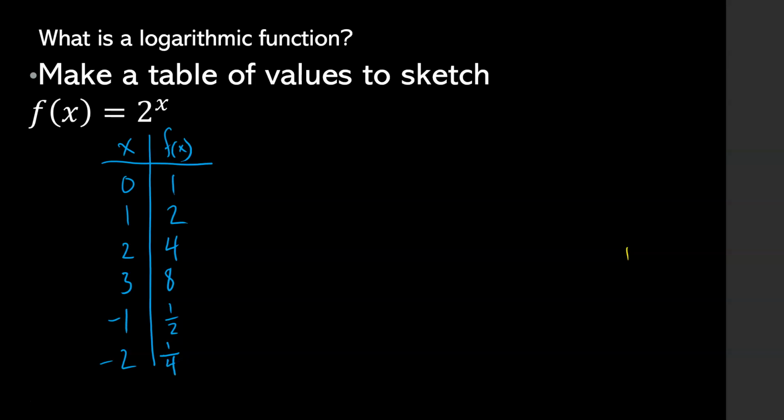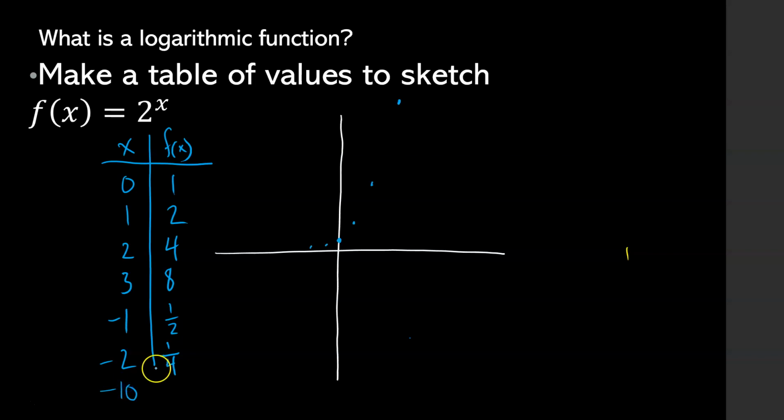Okay. So let's sketch that. Let me get some white. And we'll just approximate here. So if that's 0, 1; 1, 2; 2, 4; 3, 8. And then let's think about what happens to the left of negative 2.